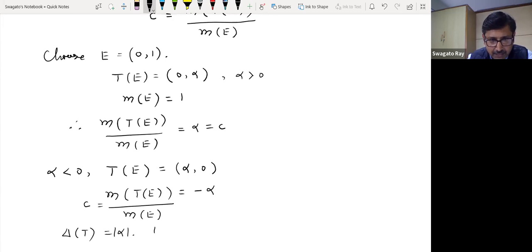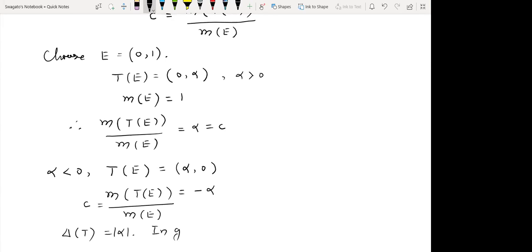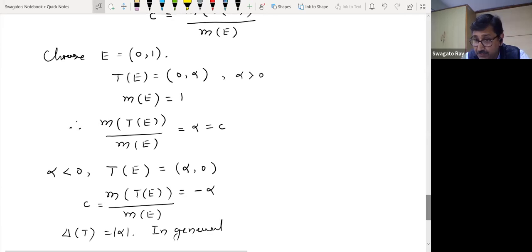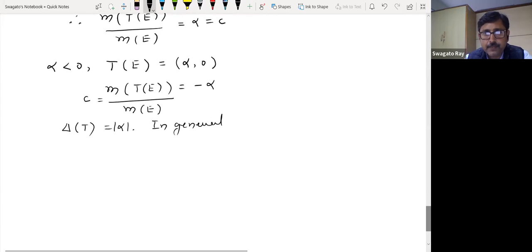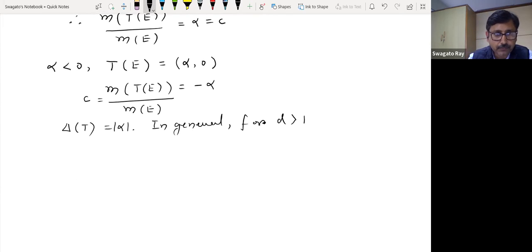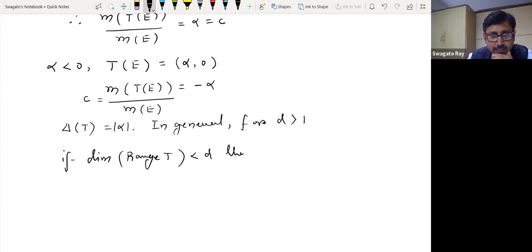In general, in higher dimension, let's just make this comment. I'm not proving it. That is difficult to prove. In general, for D bigger than 1, if the dimension of the range of T is strictly less than D, then delta T is 0. In one dimension, what does it correspond to?